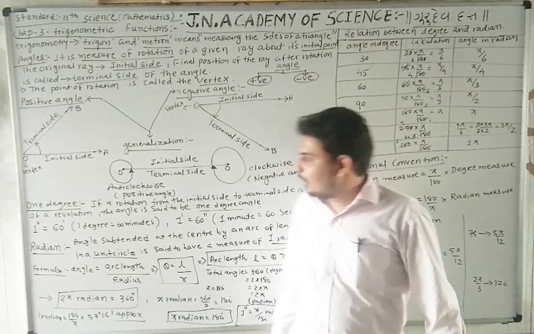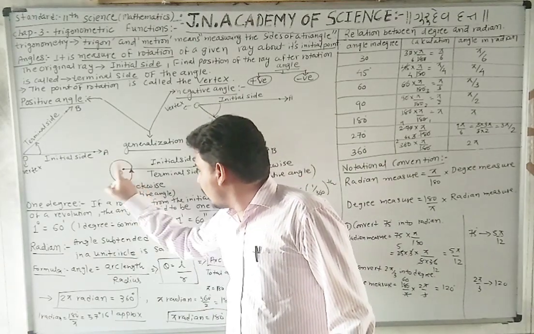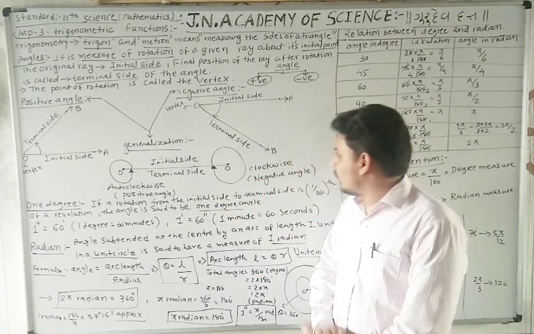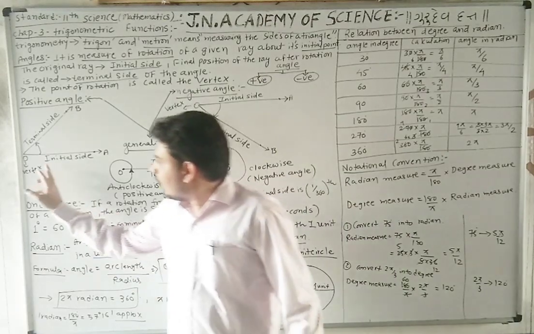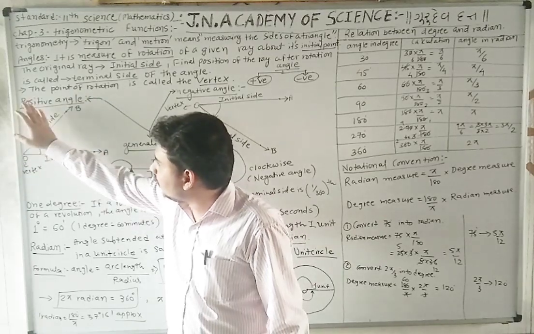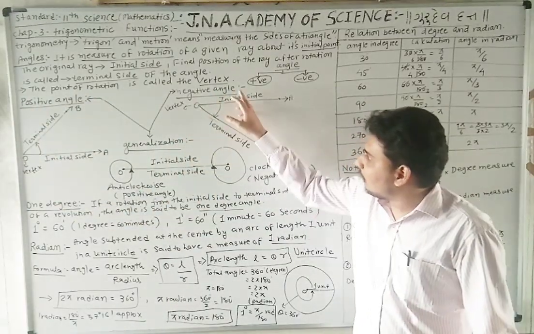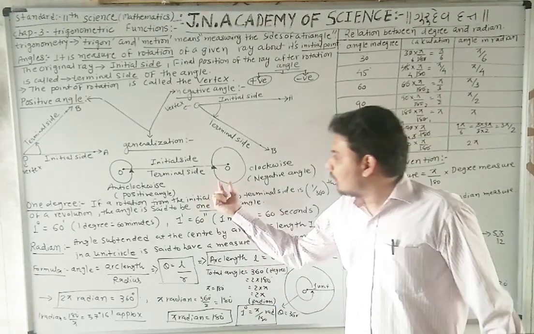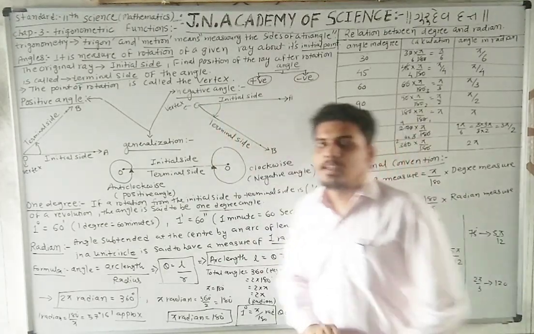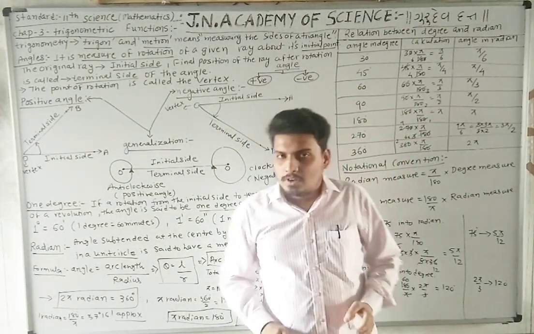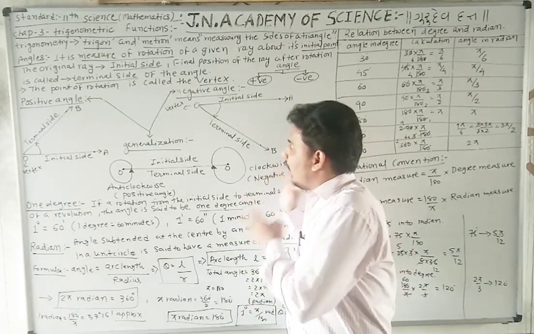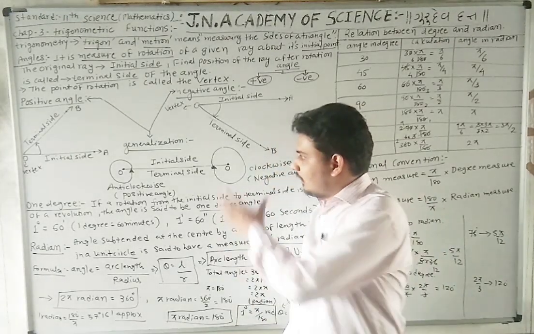For the positive angle we apply anti-clockwise rotation, and after the rotation we get the terminal side. Similarly, for the negative angle it is opposite: we apply clockwise rotation, then we get the terminal side, and this is known as a negative angle. So you have to understand both positive and negative angles. This is clear from this scenario.